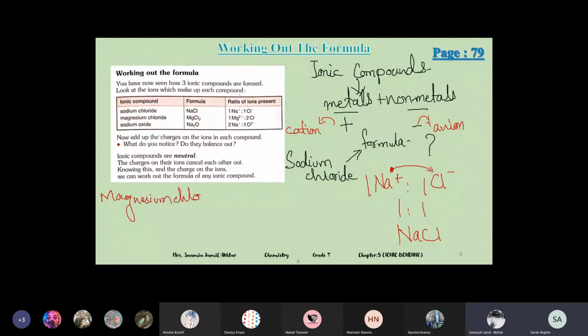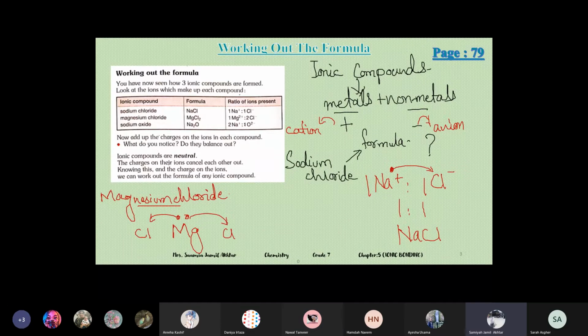Magnesium chloride. On page 78, I guess, there is a diagram of magnesium chloride that we practiced also. We saw that in magnesium chloride, magnesium has two extra electrons, and it gave one electron to one chlorine, another electron to another chlorine.